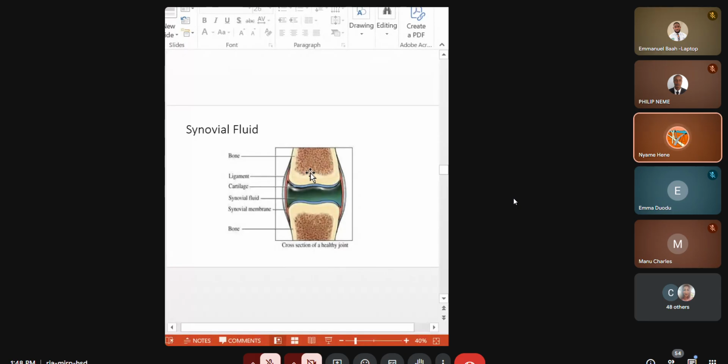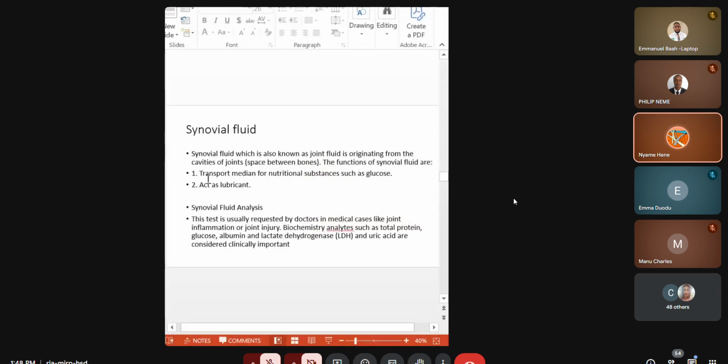There's a picture, so you will see. The functions: they transport nerve impulses, they transport nutrients, electrical chemical signals. A transport medium for nutritional substances such as glucose, also serving as lubricants.